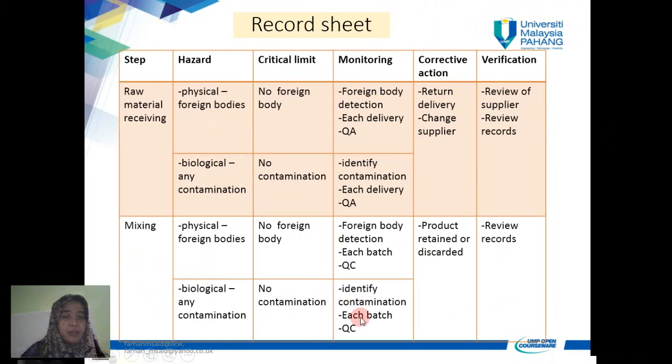So identify the contamination, each batch. The person doing it is the quality control people. The corrective action is that the product is either retained or discarded, and the verification is to review the records. Finally, recording: record the documentation.